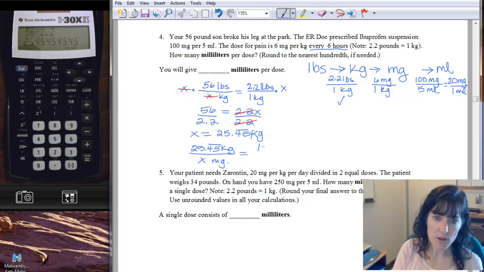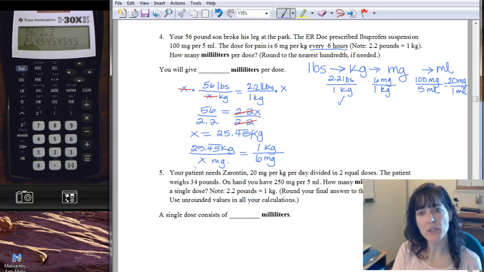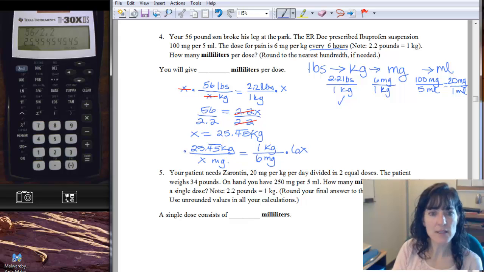So I'll have 1 kilogram per 6 milligrams, and then looking at my two denominators, I'll multiply both sides by 6x, and then I can reduce. My 6's reduce to 1 and I'm left with an x here. My x is reduced to 1 and I'm left with a 6 here.